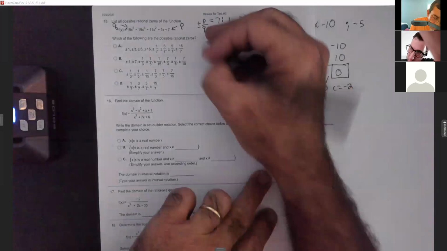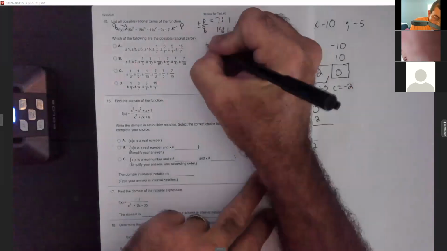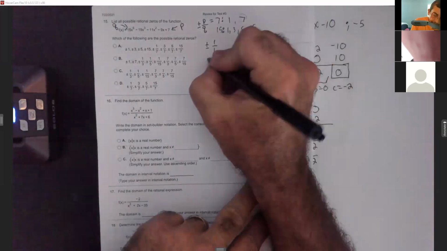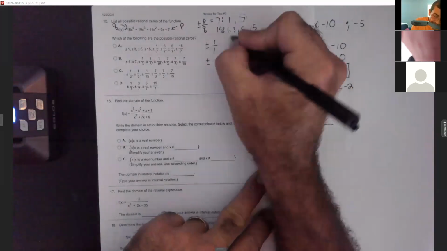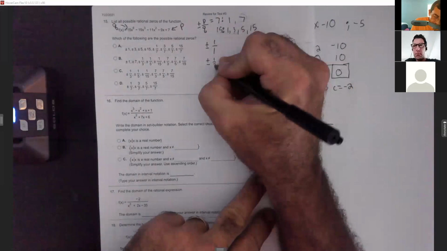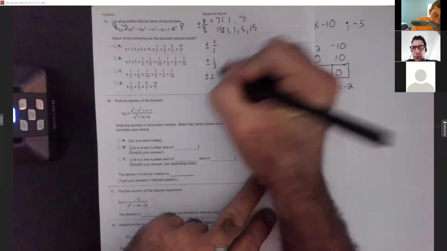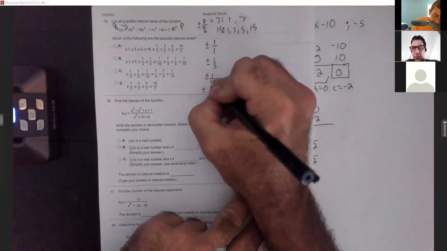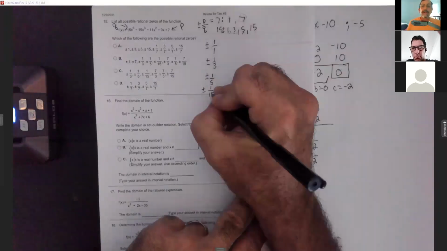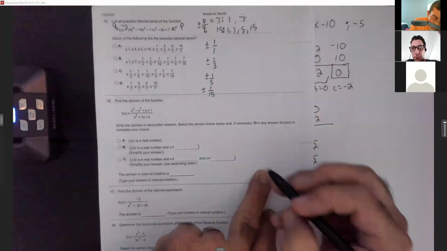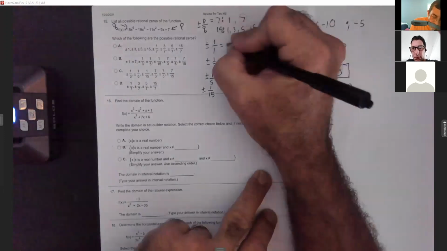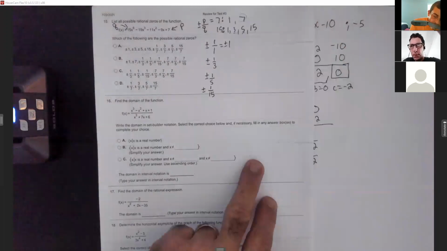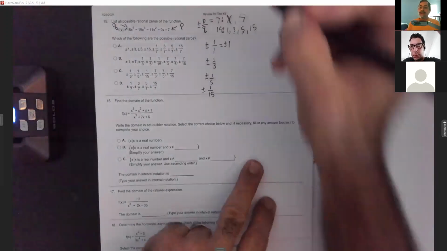So our plus and minus P over Q's would be plus or minus 1 divided by 1, plus or minus 1 divided by 3, plus or minus 1 divided by 5, and then plus or minus 1 divided by 15. So now you would reduce any of these. So 1 divided by 1 would just turn into plus or minus 1. So that's all the factors of the 1 divided by them.